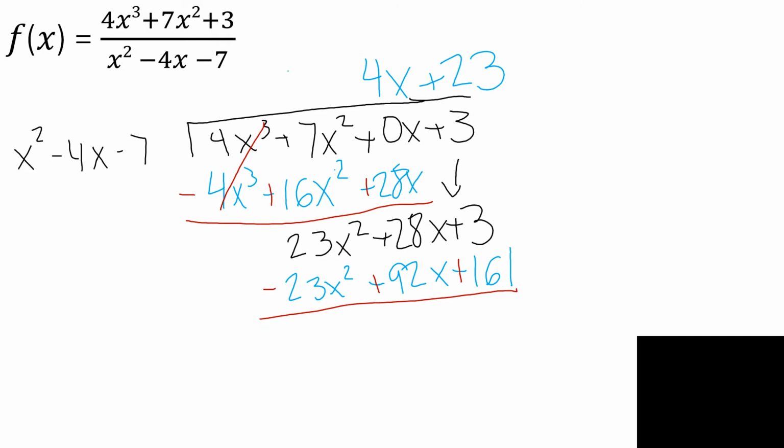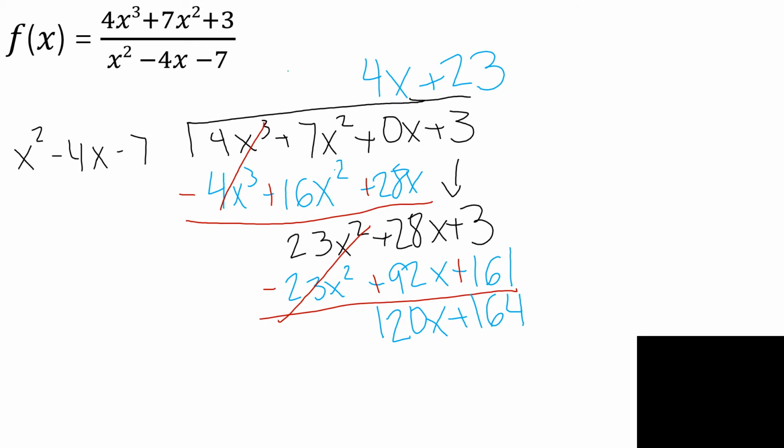23x squared minus 23x squared is 0. 28x plus 92x is 120x. And 3 plus 161 is 164. And we have to stop because x squared cannot go into x. We're done.